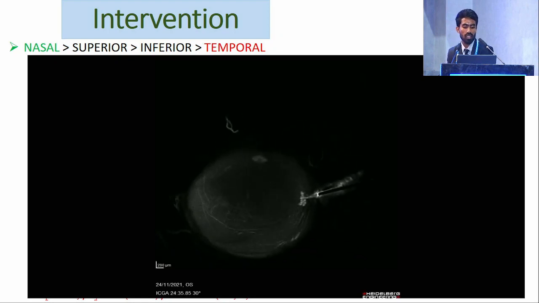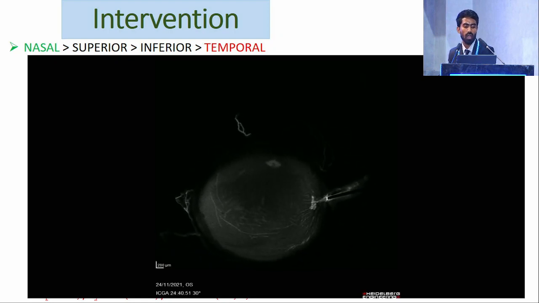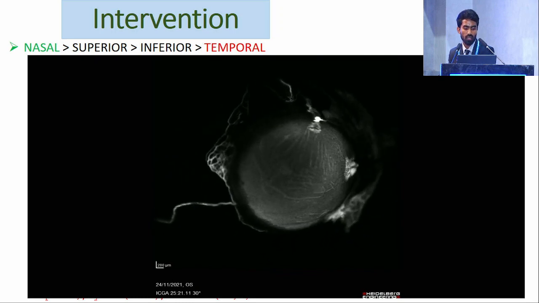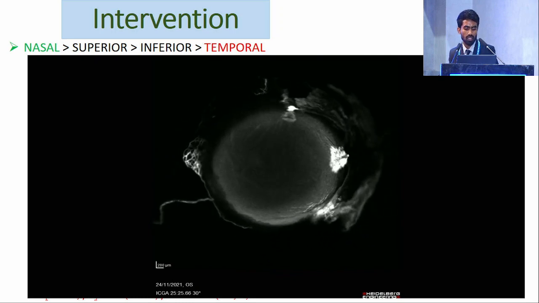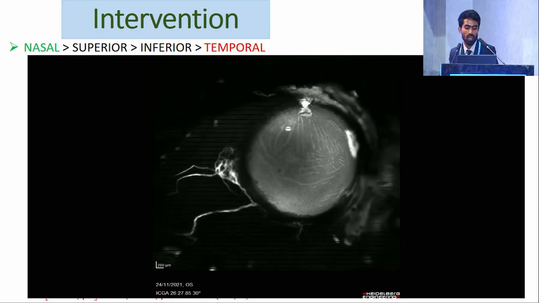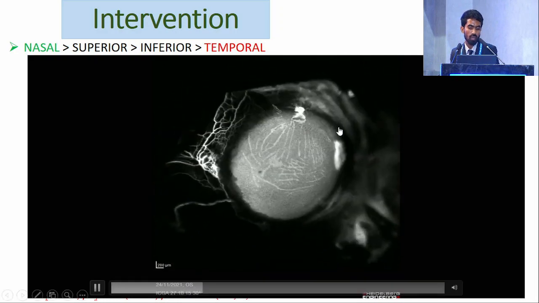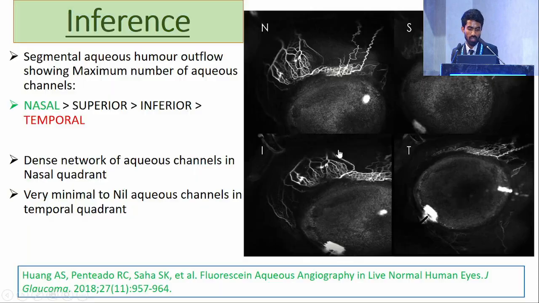This is a small surgical clip showing the view after injecting the indocyanine green dye. We noticed that the dense network of aqueous channels is greater in the nasal quadrant, then the superior and inferior quadrants, and minimal at the temporal quadrant.